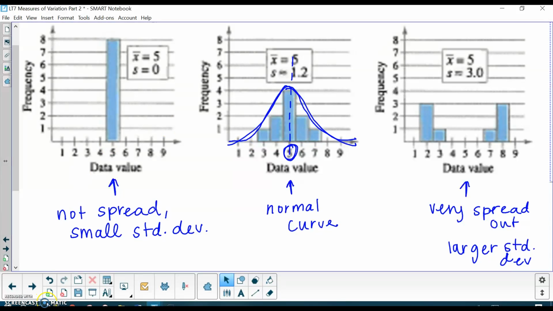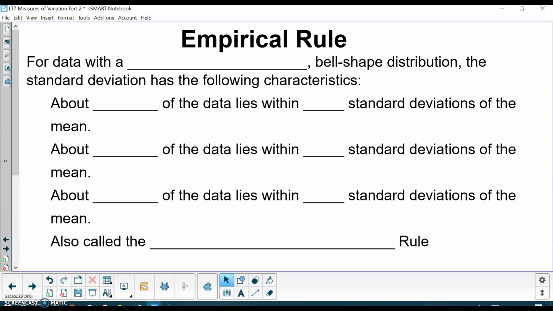So if our data falls in that normal curve, we can use the empirical rule. So it has to be symmetric and bell-shaped. So it's going to look something like this.